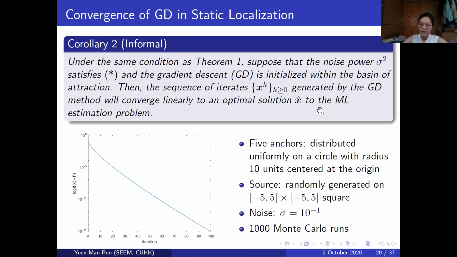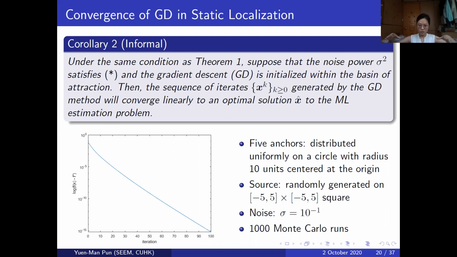Okay, so here I have shown two examples to show that we really have the linear convergence here. So in this numerical example, we have the anchors distributed uniformly on a circle with radius 10.